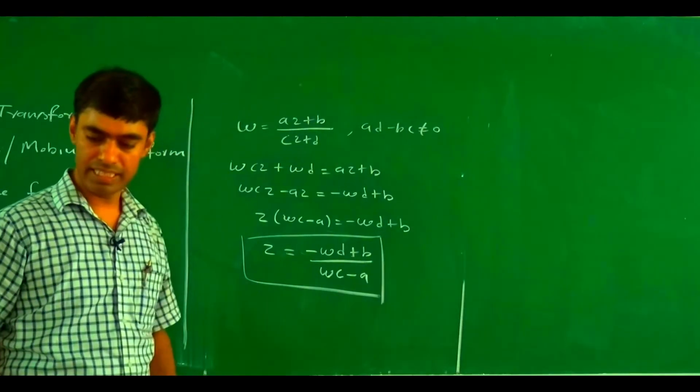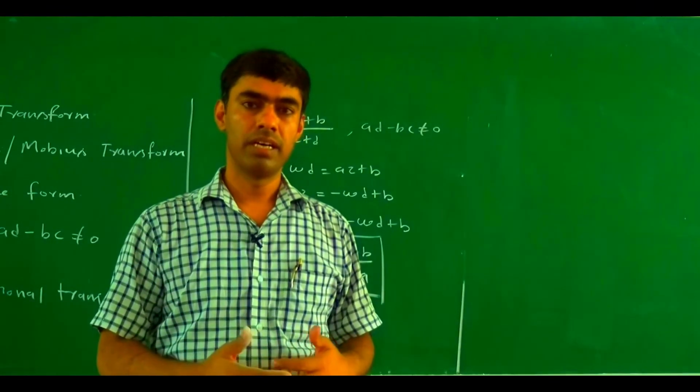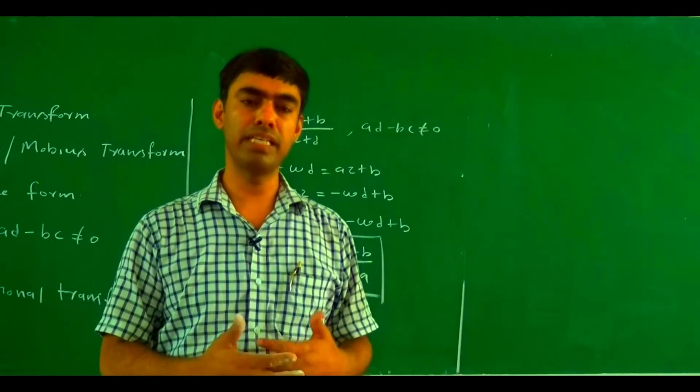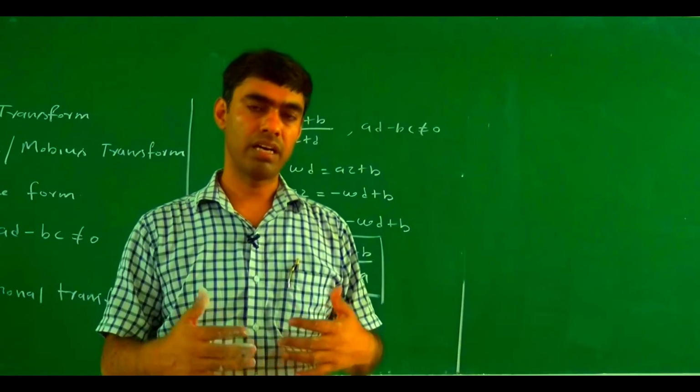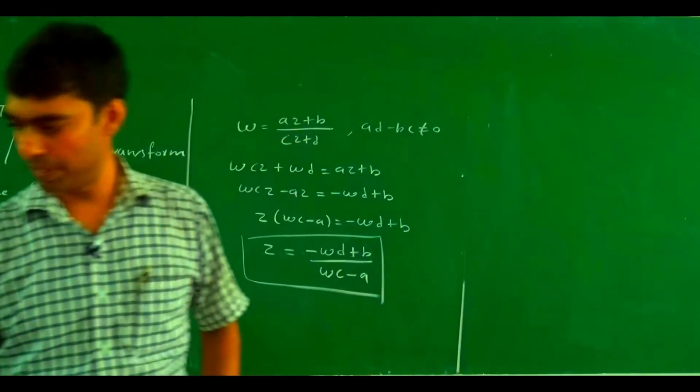Now, another thing in the case of a bilinear transform: there is an implicit form. You can express the bilinear transform if three points are given in the Z plane and the corresponding three points are given in the W plane.